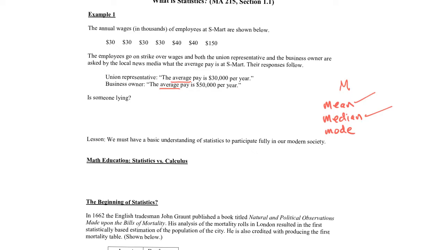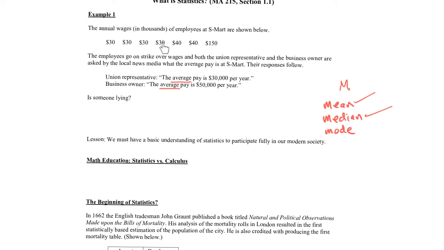For right now, the median is where if you line up all the numbers in a row, from smallest to largest, the median is right in the middle. So this is the number in the middle.